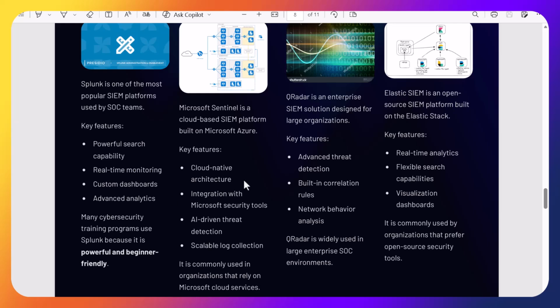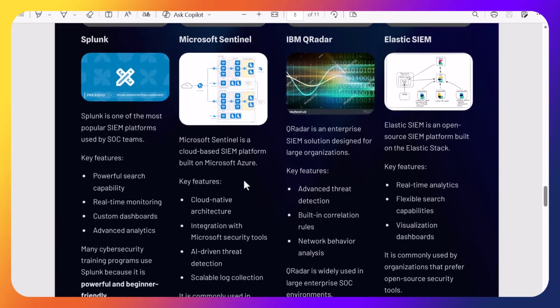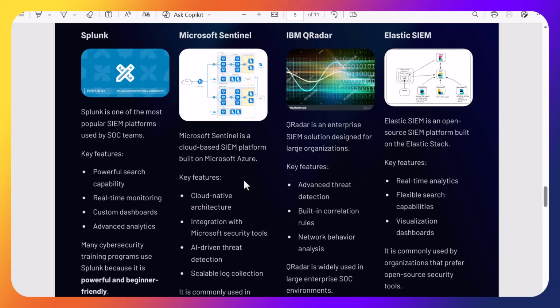The next is Microsoft Sentinel. Microsoft Sentinel is a cloud based SIEM platform built on Microsoft Azure. A cloud based platform means the system runs on remote servers managed by cloud providers rather than on local hardware.